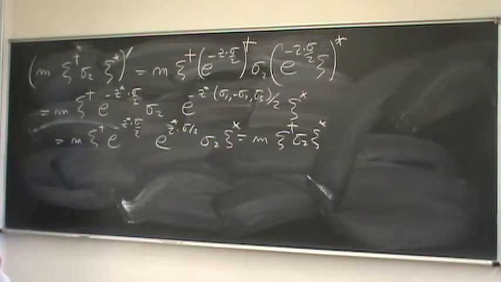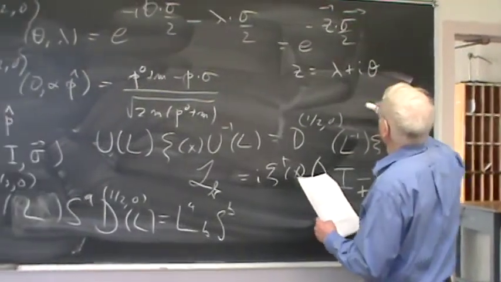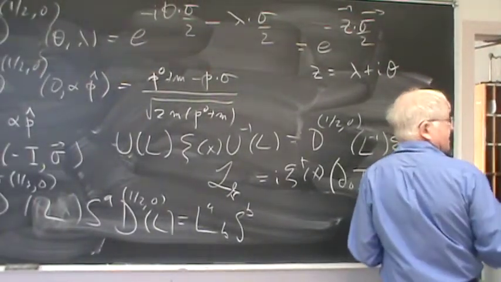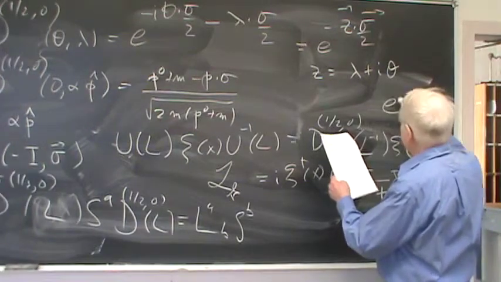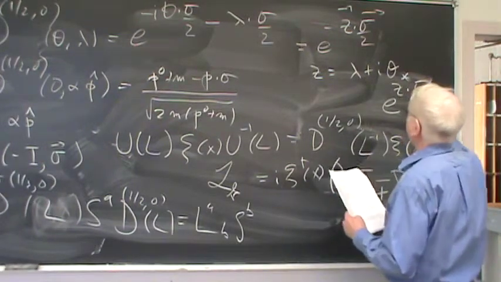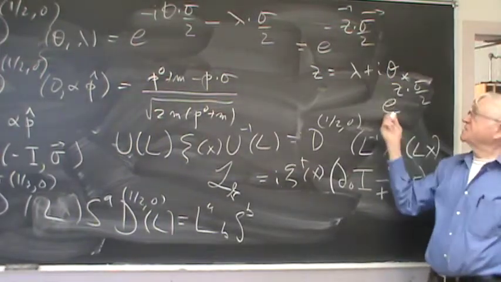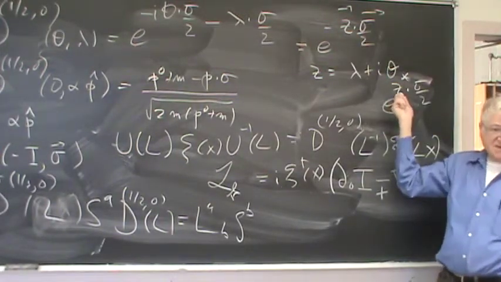And you can do the same thing for the right-handed fields. Clearly the right-hand, oh, I didn't say what the operator is for the right-handed group. So let me get it. So this is the left-handed one. The right-handed one is simply e to the z star dot sigma over 2. So the difference between these two is minus z and plus z star.